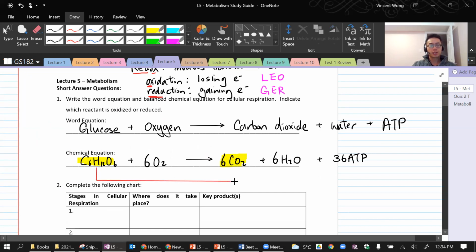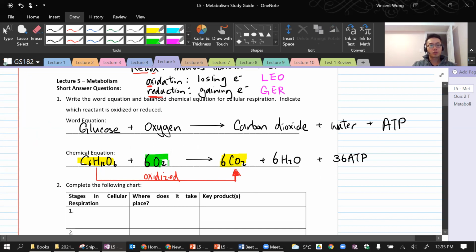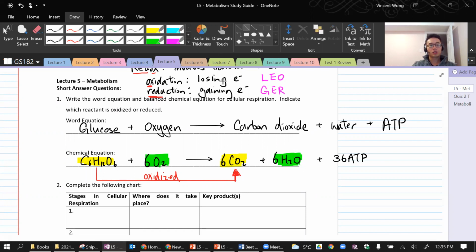Okay, so like this. A bunch of electrons will be removed from glucose. And at the end, you end up having carbon dioxide. So glucose is oxidized into carbon dioxide. And those electrons that you strip away from glucose will ultimately get to oxygen.